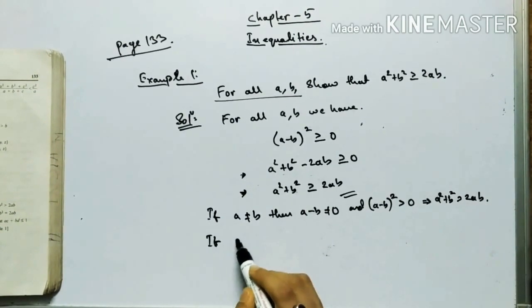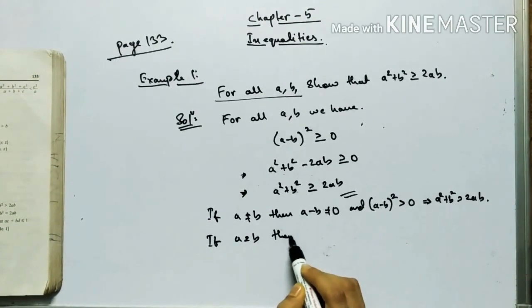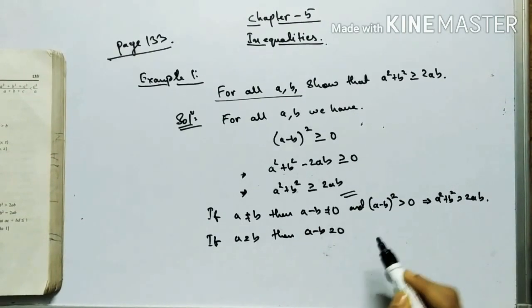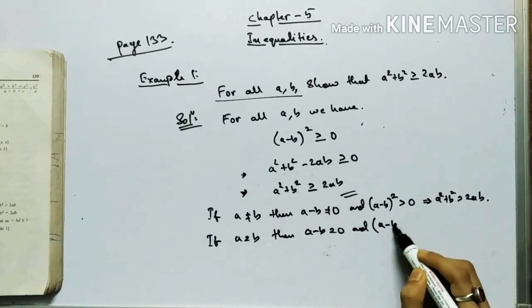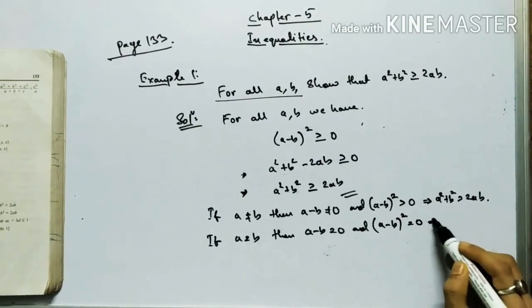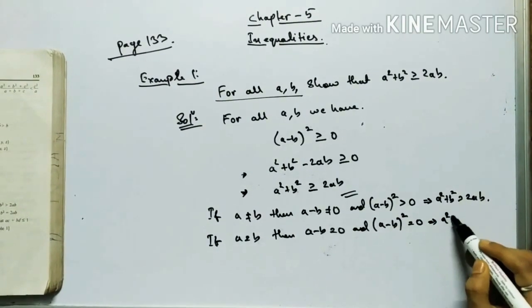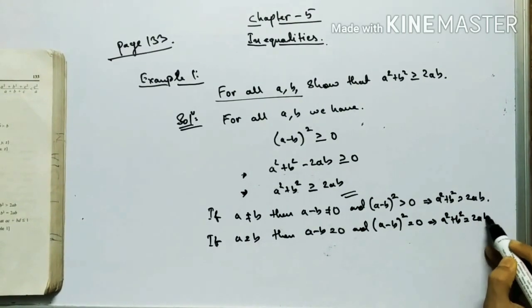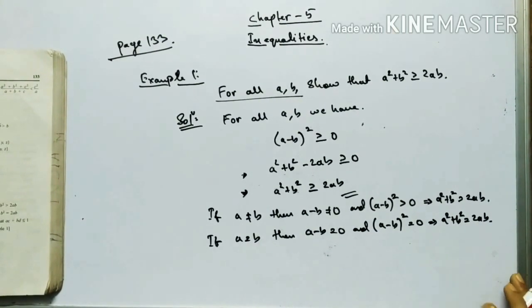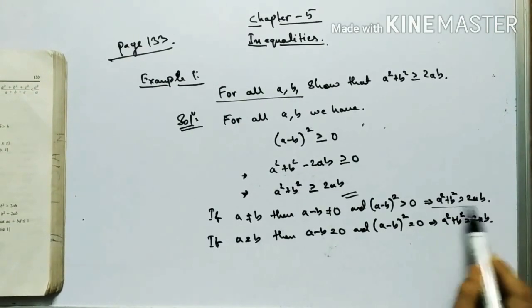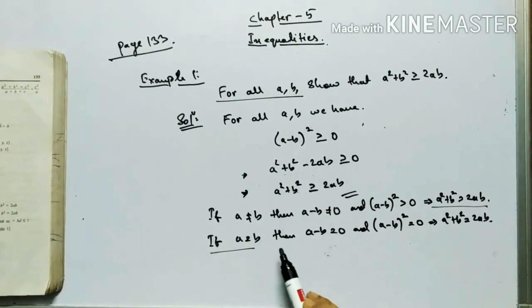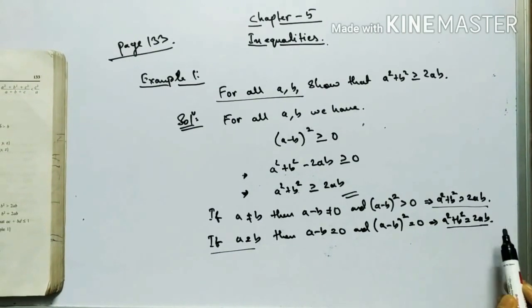And if a is equal to b, then a minus b is equal to 0, a minus b the whole square is 0, and we get a square plus b square equal to twice ab.